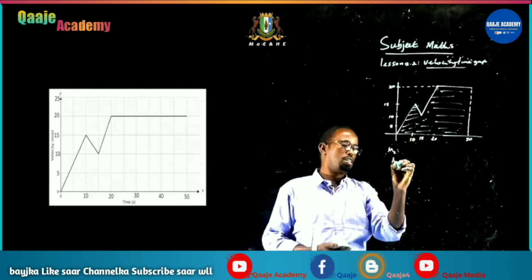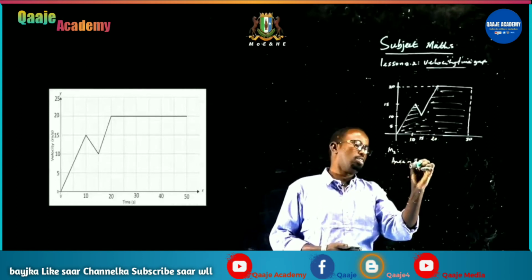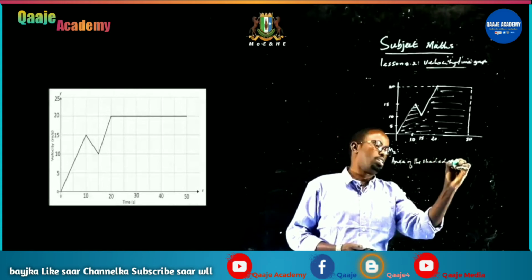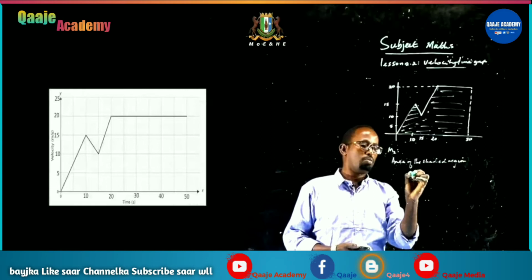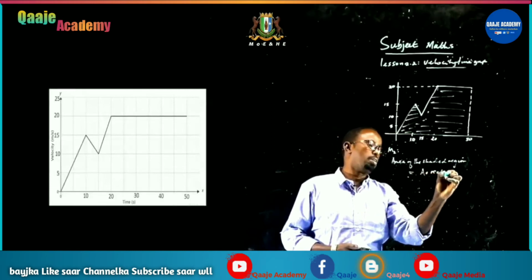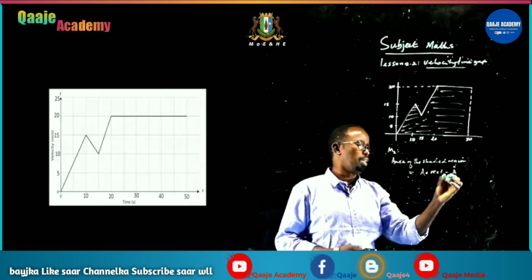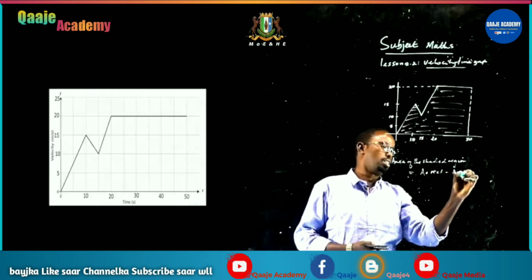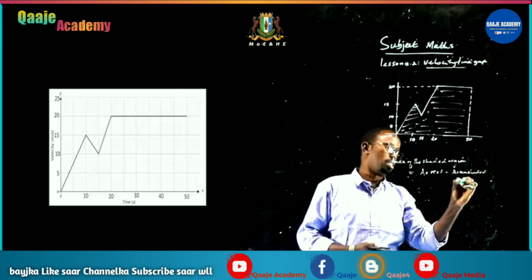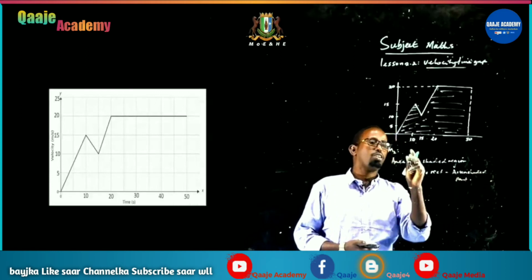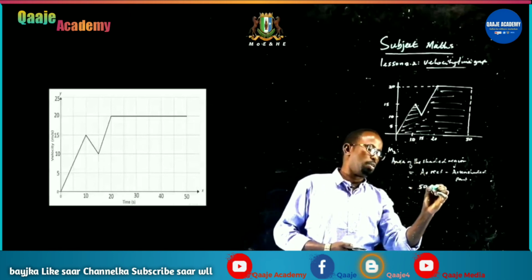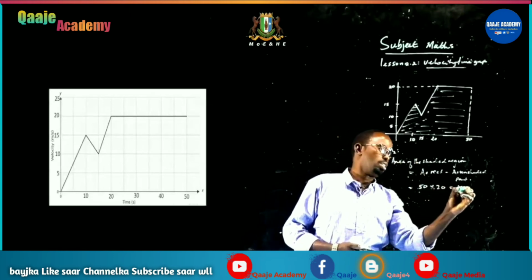Area of the shaded region will be equal to area of the rectangle minus area of the unshaded part. So area of the rectangle is 50 multiplied by 20, you get 1,000.